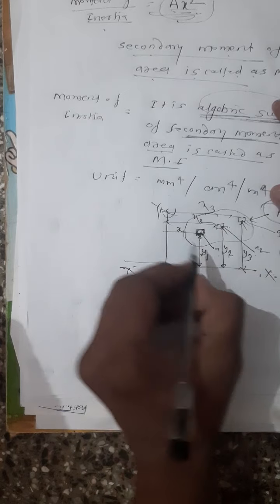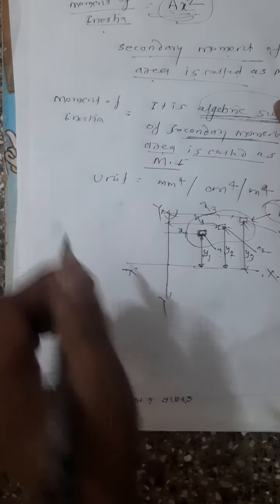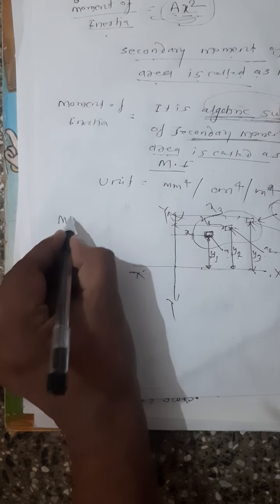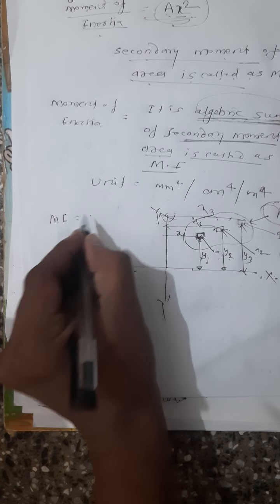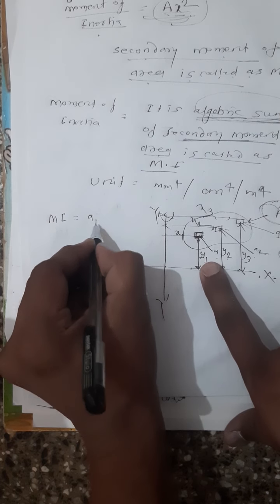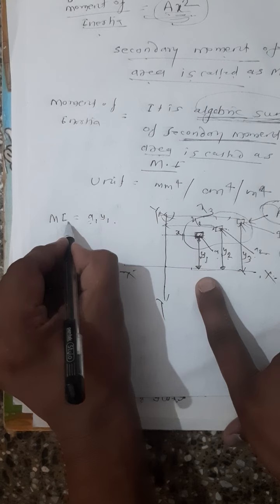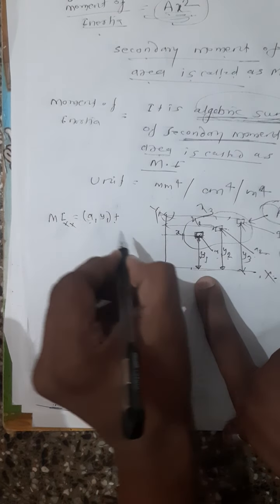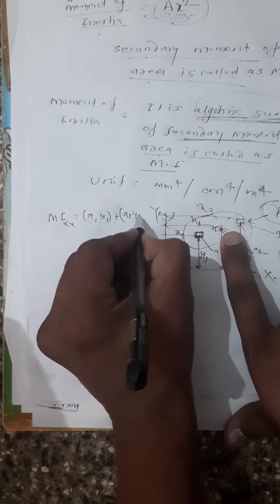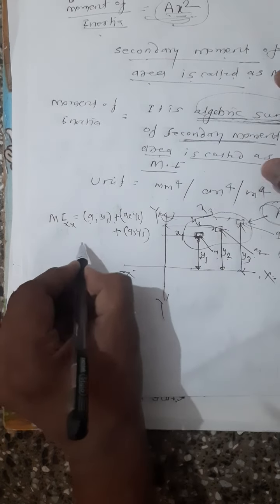So see the first area. What is the moment of inertia? Do the summation. Suppose this is the MI about xx, so a1 y1 square, next area a2 y2 square, next area a3 y3 square.